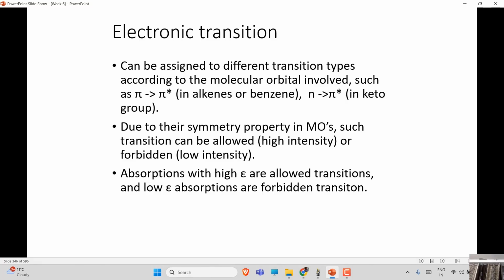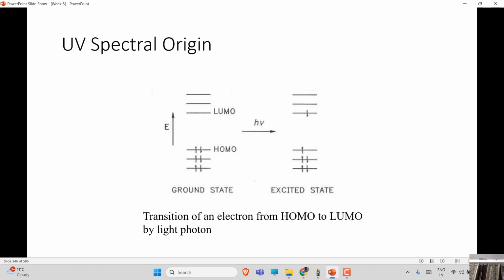Due to the symmetry properties of molecular orbitals, such transitions can be allowed, high intensity, or forbidden, low intensity. So absorptions with high epsilon are allowed transitions and low epsilon absorptions are forbidden transitions.